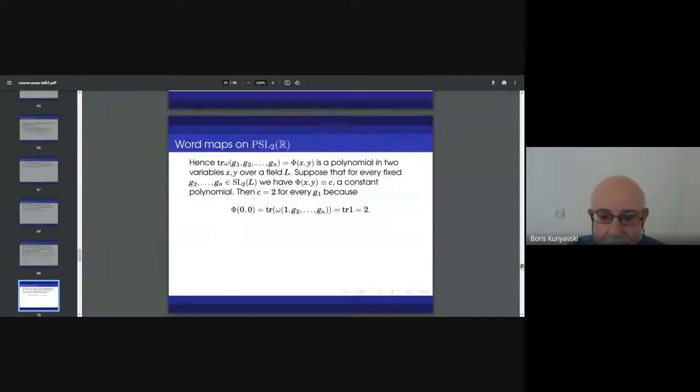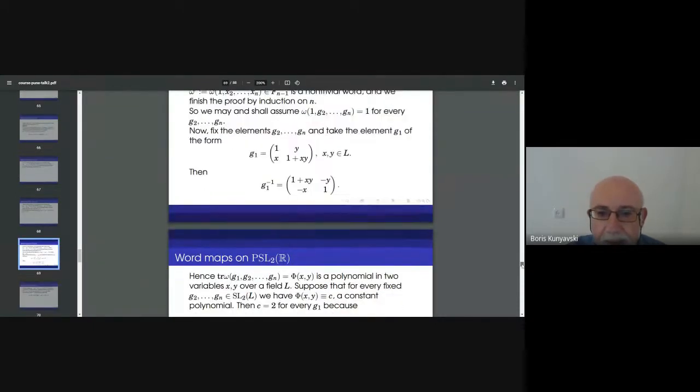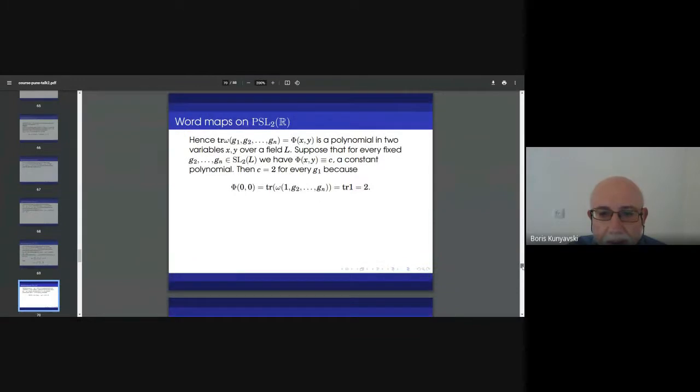How do we do this? First of all, we use the way of contradiction. Assume it is a constant. Then what's the value of this constant?